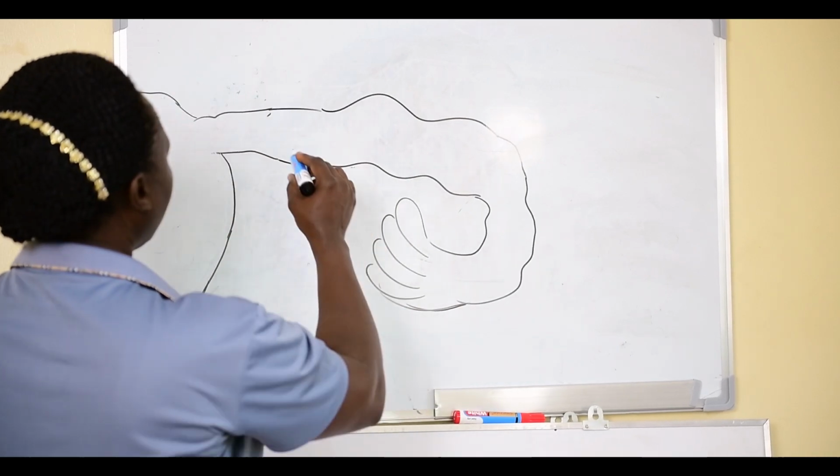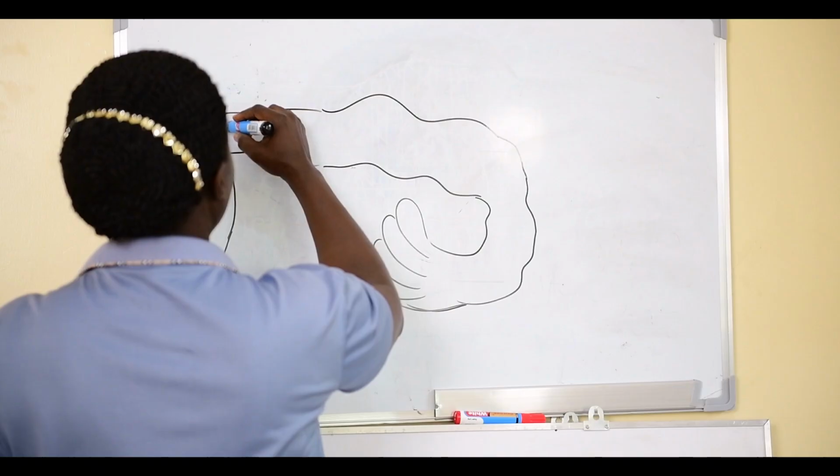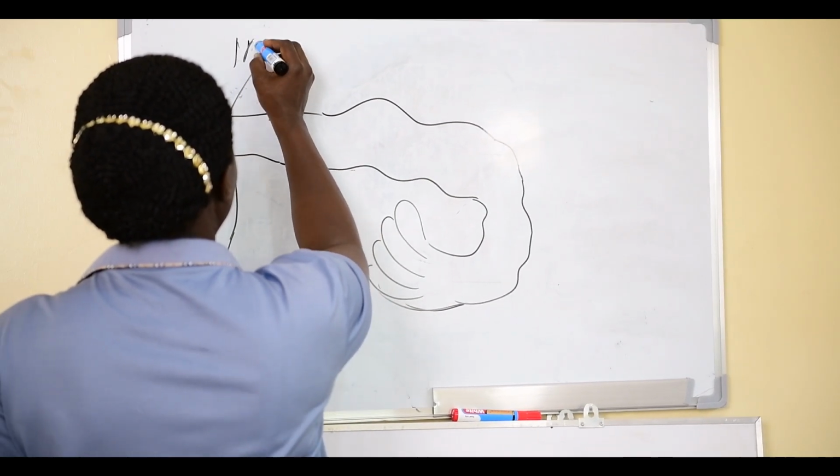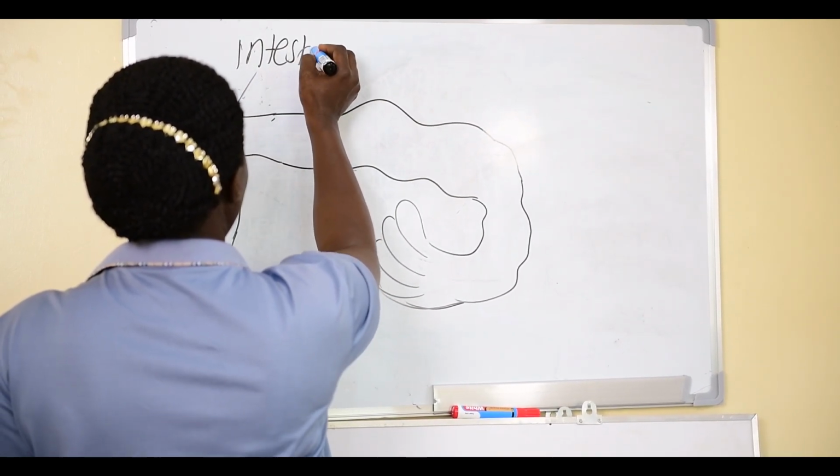So this is a diagram of the uterine tubes. We have an interstitial portion here.